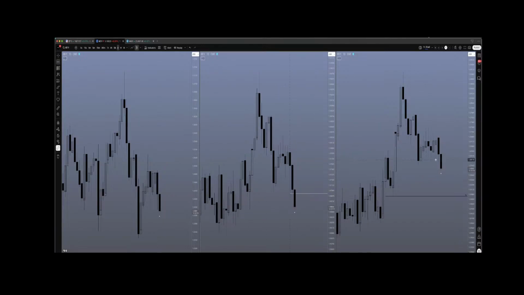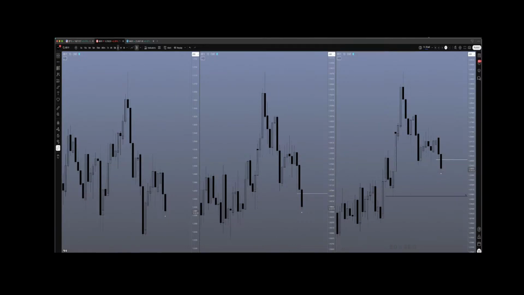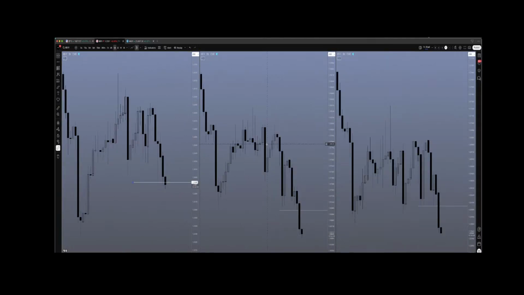Looks like 6S and 6E have closed below. I always drop down a time frame when I'm looking at wicks and stuff. So if you can see here, we've got a couple of closes below. Just means I'm looking for a continuation really. Wick below here, wick below Asia as well.